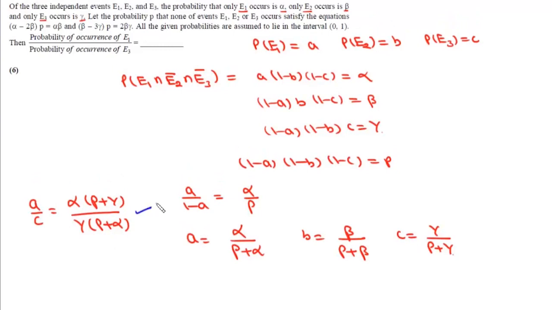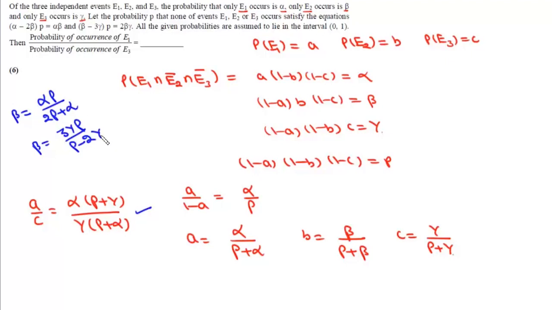Now we'll get this expression from these two given conditions. So what we'll do is we'll eliminate beta from these. Now from this first one we can write beta equals alpha P upon 2P plus alpha, and from the second one we'll write beta as 3 gamma P upon P minus 2 gamma.